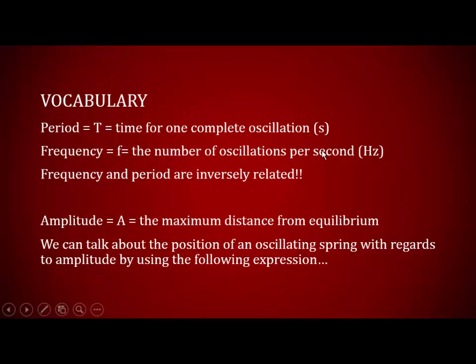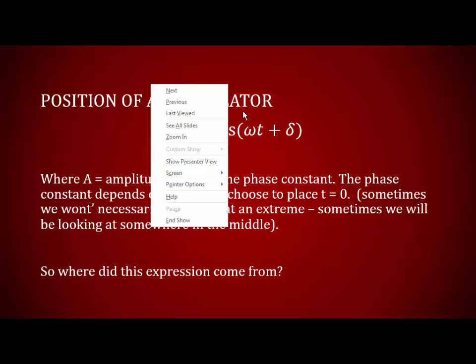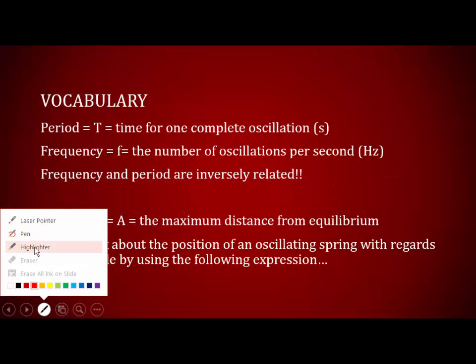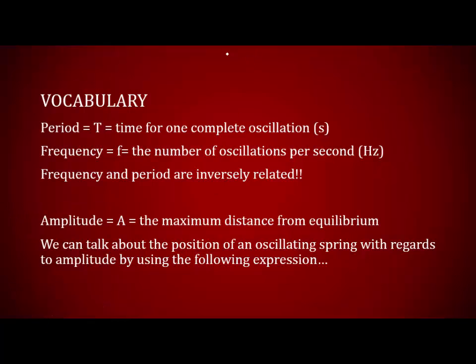Frequency is the number of oscillations per second. We measure that in hertz. So these two are inversely related. Hopefully you remember this from when we talked about waves last year. So we said that frequency is the inverse of period, and period is the inverse of frequency.